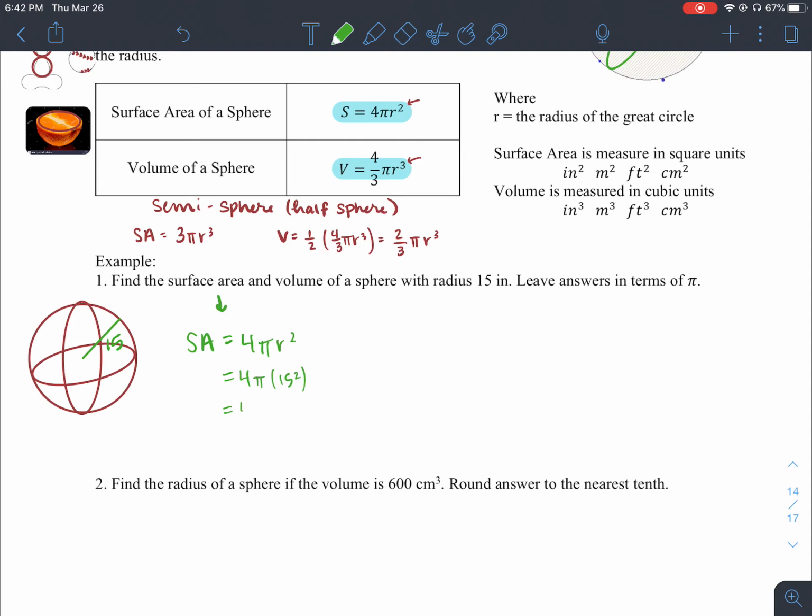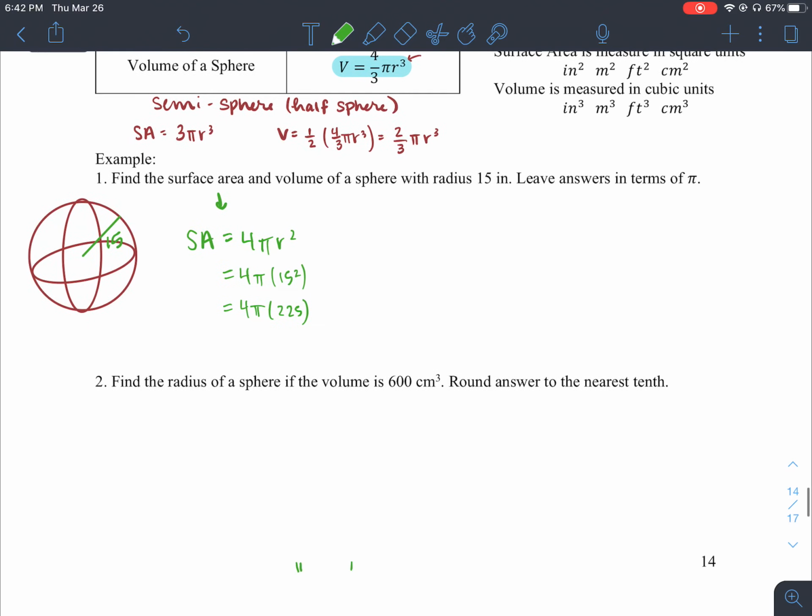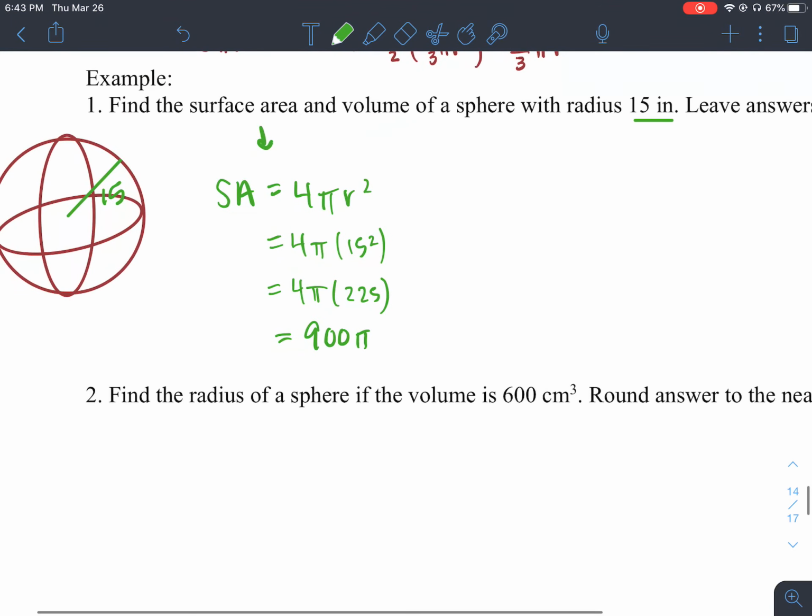So 4 times pi times 15 squared, or 4 times pi times 225. 15 squared is 225. I do want to leave this in terms of pi, so I'm going to multiply the 4 and the 225. That gives me 900 pi. I'm almost done. I know my radius is 15 inches, so I can include units. My surface area is 900 pi inches squared. And there's my surface area.